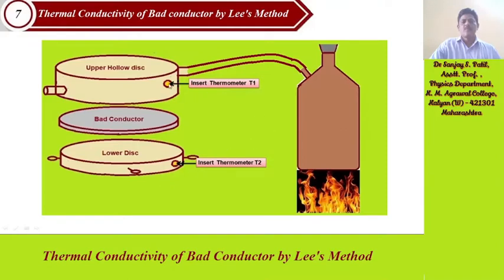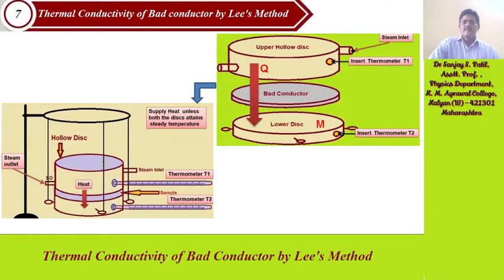There is one hole in which we have to insert thermometer T1, and there is another hole in the lower disc in which we have to insert thermometer T2. This is the apparatus which we will use for finding the thermal conductivity of a bad conductor. This experiment was conducted by the scientist Lee, and that is why it is called Lee's method.